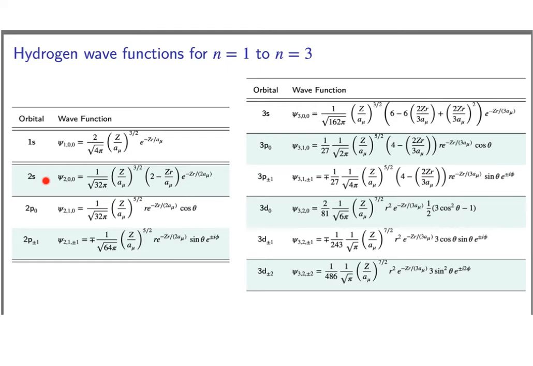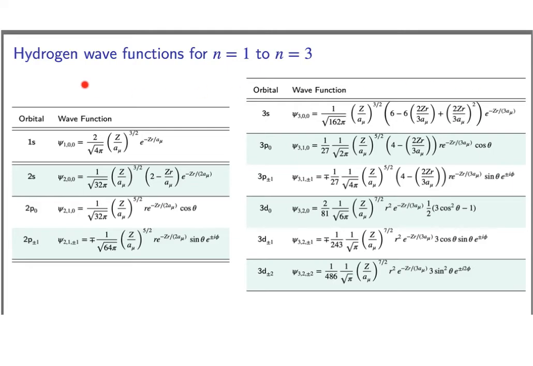And that's what these S's and P's and the corresponding zeros and ones and twos are basically representing. They are representing different configurations of the electron, but the number out front actually represents the total energy of the state. Also, Z for hydrogen is 1.